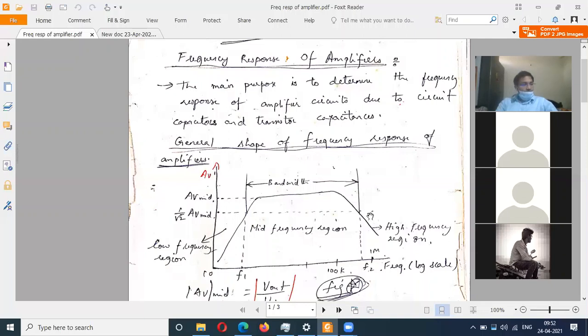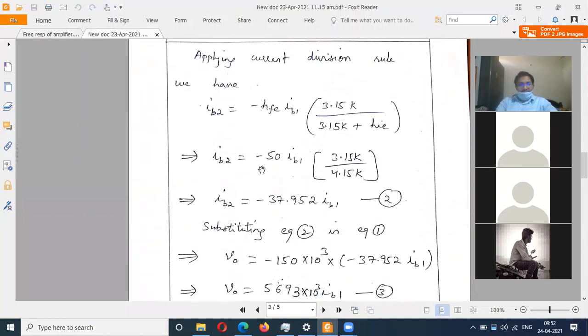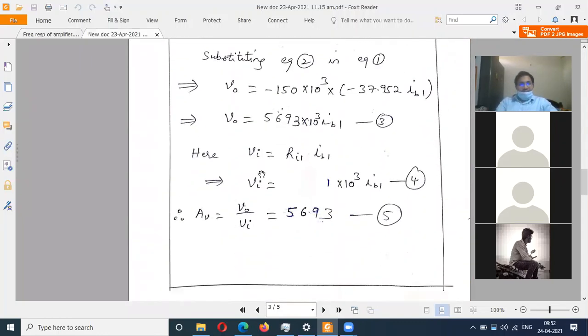Now what do we understand from this? The gain is not constant in the low frequency and high frequency regions. In yesterday's class, we got a constant value of voltage gain, it was not a variable.